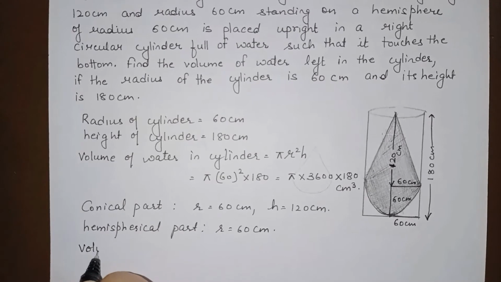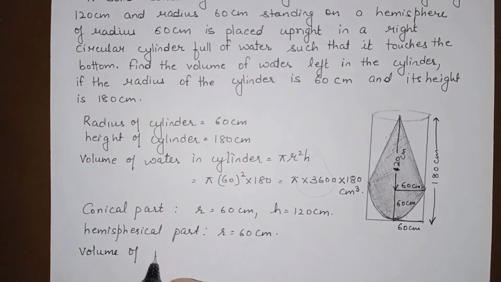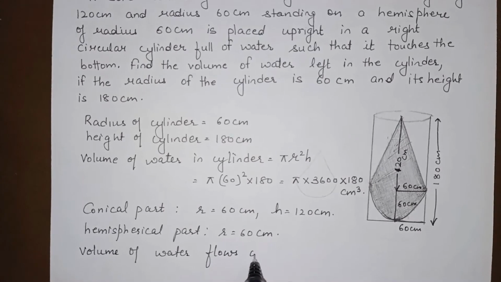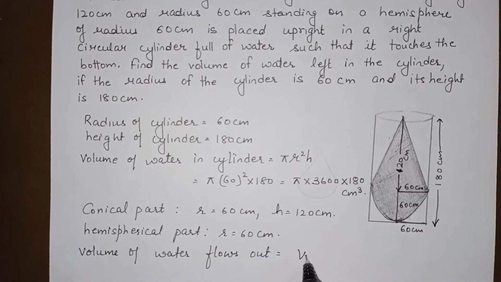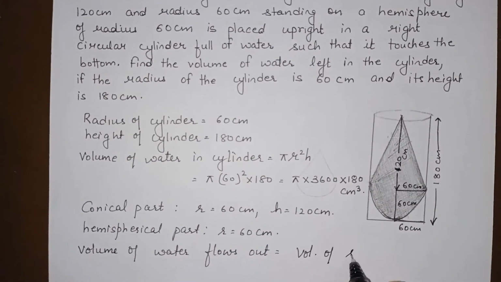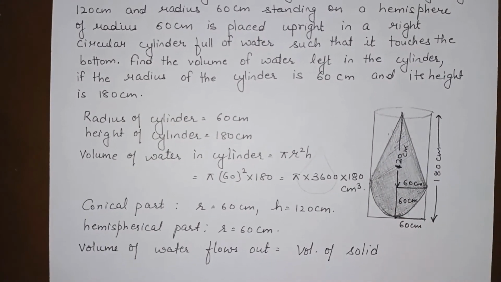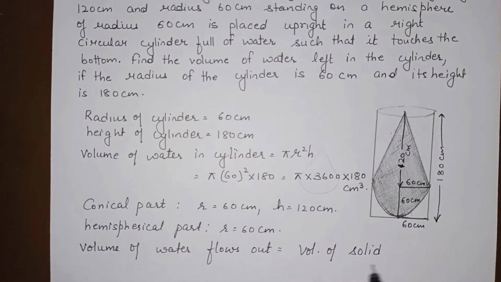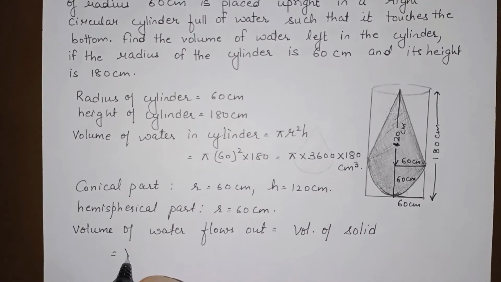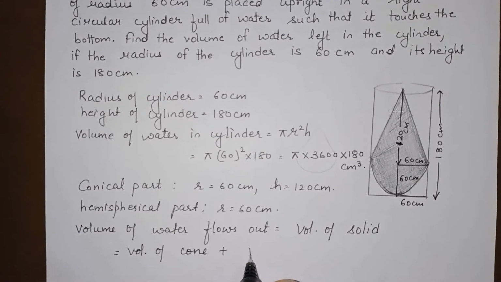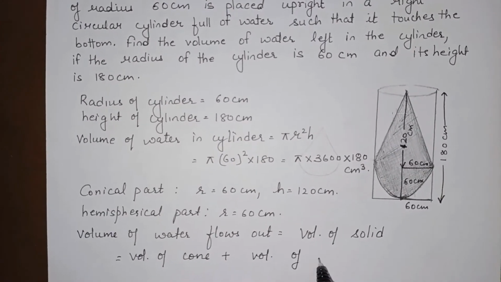So the volume of water that flows out is equal to the volume of the solid. This solid, a combination of a cone and a hemisphere, has volume equal to volume of cone plus volume of hemisphere.